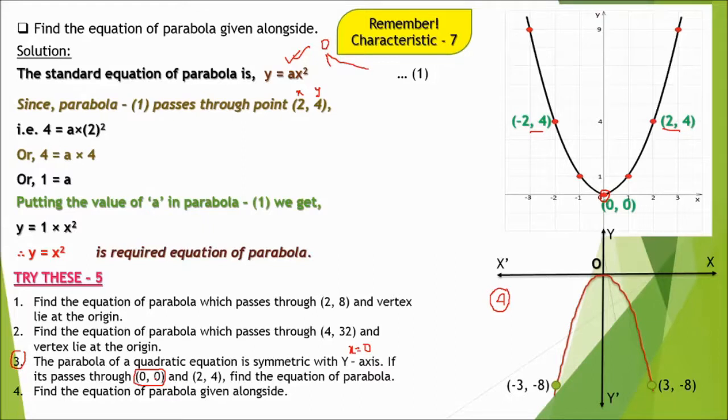That means the vertex lies on the y-axis, and it passes through origin also. It cannot lie at any other point on the y-axis, that is impossible. So the vertex is 0, 0, and the rest of the steps will be the same.